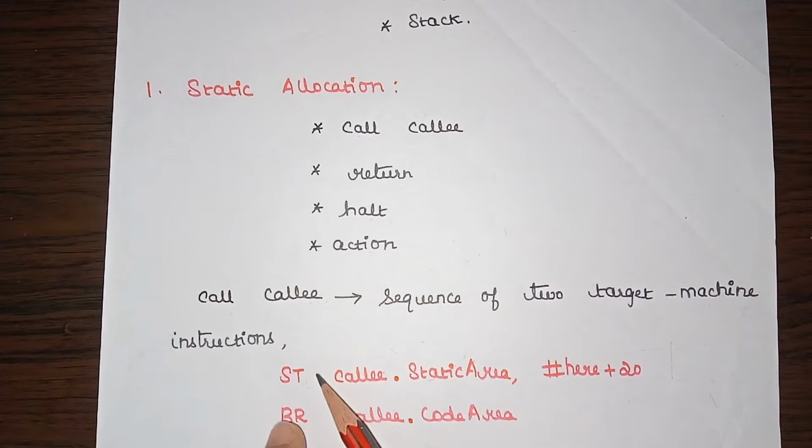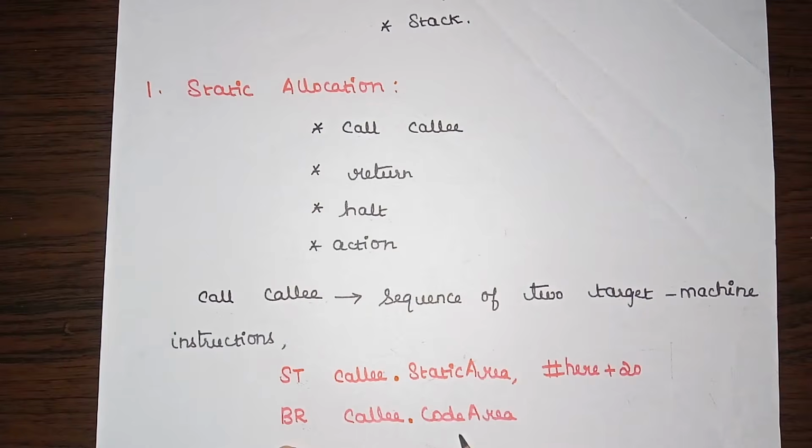So this ST is used to save the return address at the beginning of the activation record for calling, and this BR transfers the control to the target code for the called procedure.